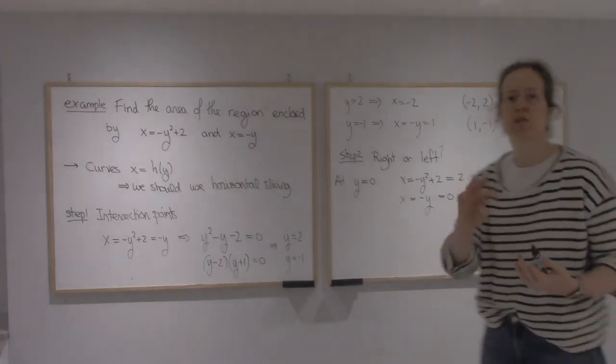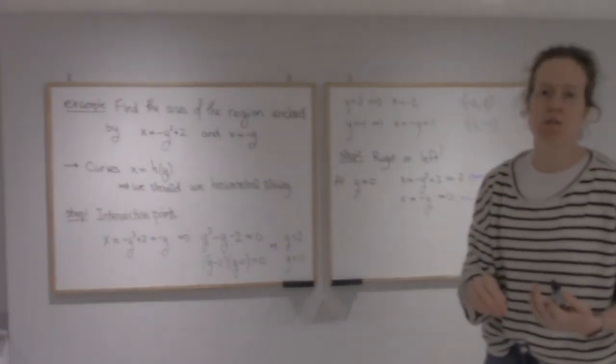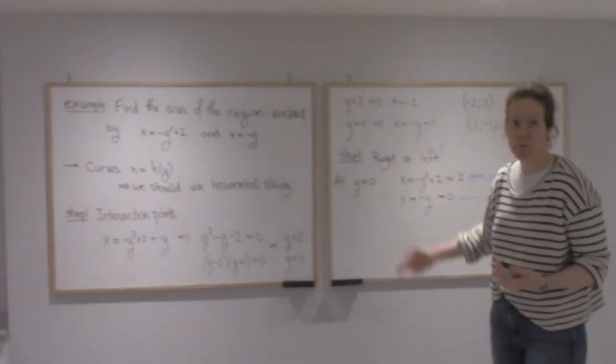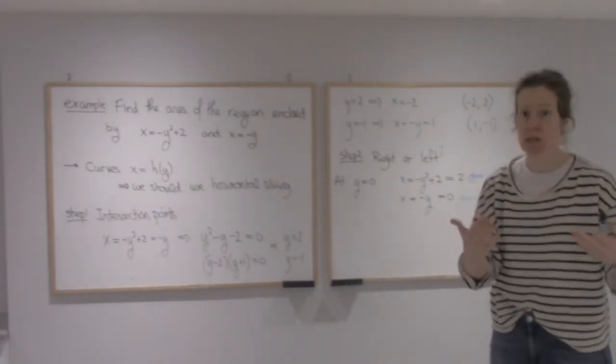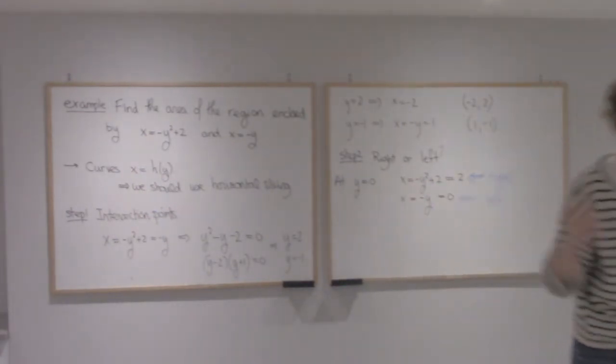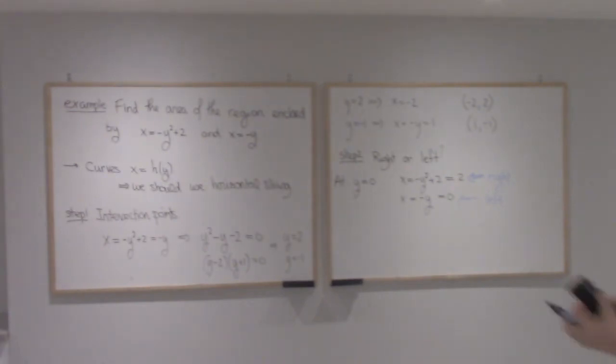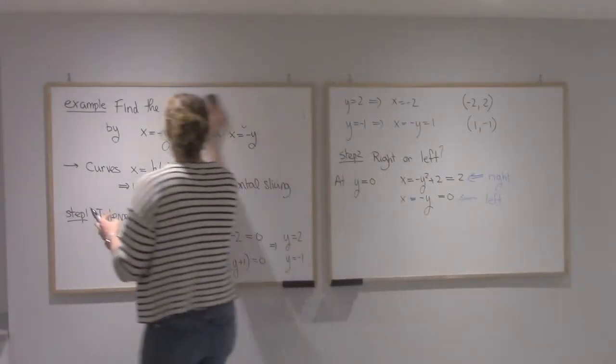We're ready to sketch. Notice that if you actually know how to sketch these curves, you don't need to do the second part, because the way you sketch it was going to tell you which curve is right and left, but that shows that you don't actually need to be able to sketch all these regions.